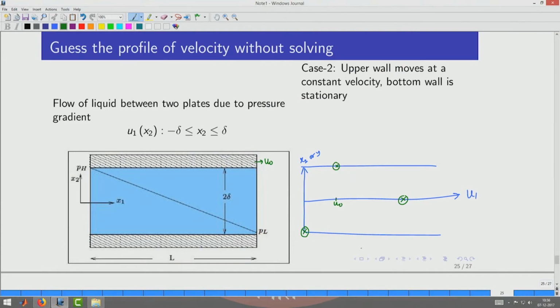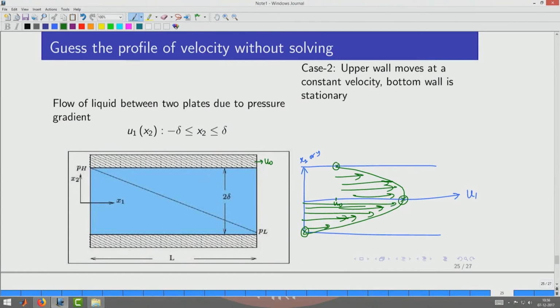Which means that we must have a parabola that goes through these 3 points, and that may come out like that. So, we may have a maximum which is actually in the top half.